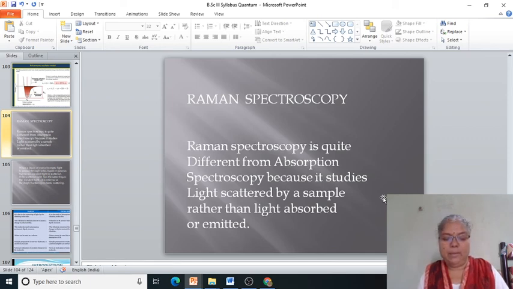Then the intensity of spectral lines, selection rule, determination of bond length, and isotopic effects. And in detail, you have studied the microwave oven construction and its working in microwave spectroscopy, that is, the rotational spectra of diatomic molecules.